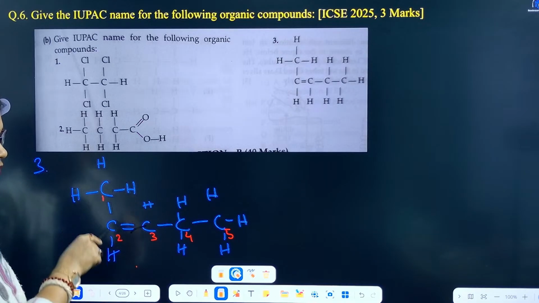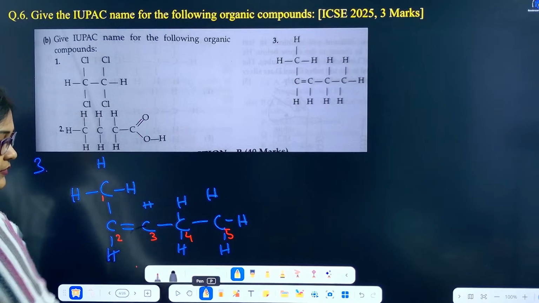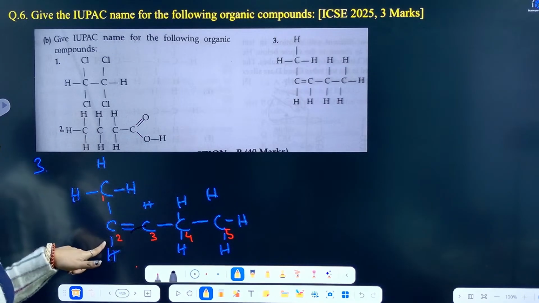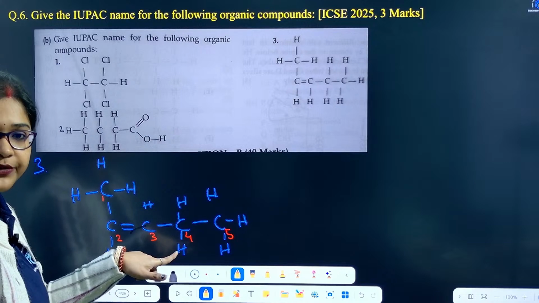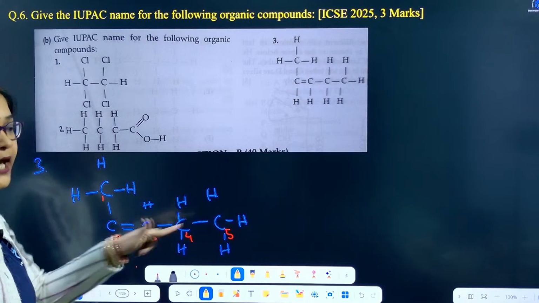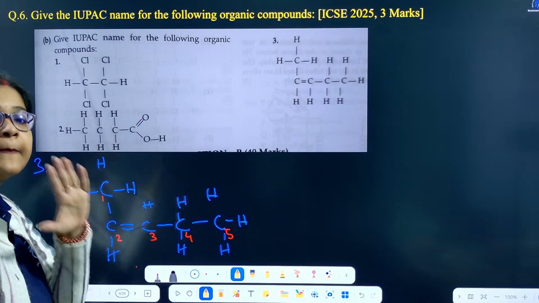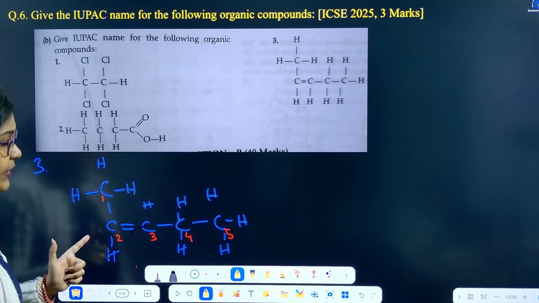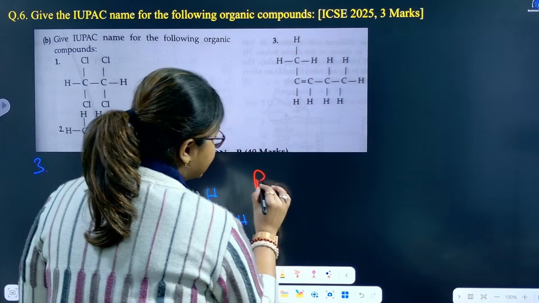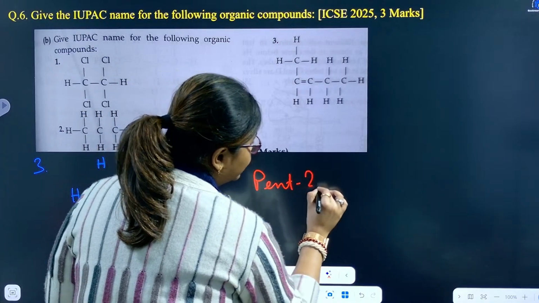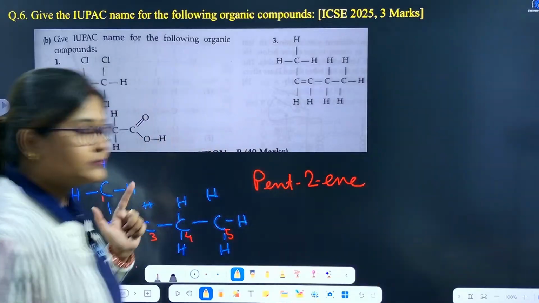this one, 1, 2, 3, 4, 5, right? So, 2 position what you have? Double bond. And how many carbons you are having here? 5 carbons. 5 means what? Pent. So, this will be pent-2-ene, right?